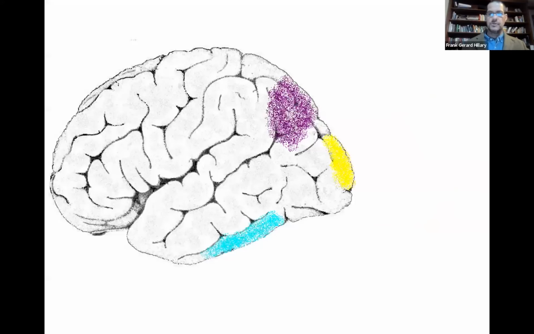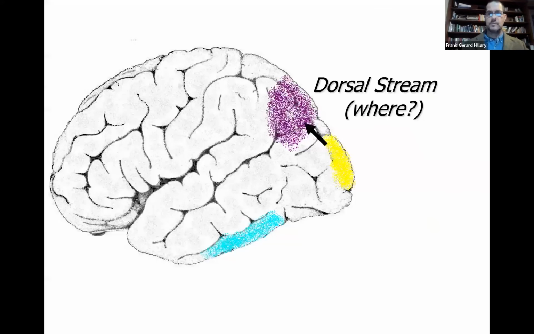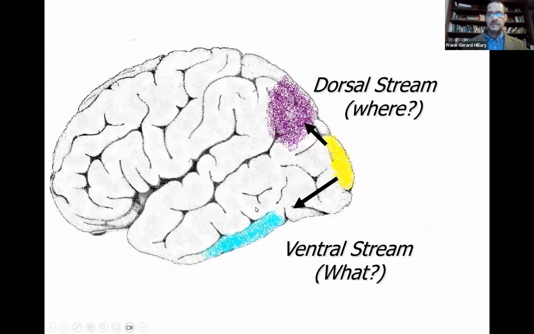There are 2 pathways in general after it gets to V1. The first is the dorsal stream, and the next is the ventral stream. It's an oversimplification that the dorsal stream is where, and the ventral stream is what, but those are just general guidelines to help you think about the types of information that would be processed here in the parietal lobe and here in the temporal lobe.